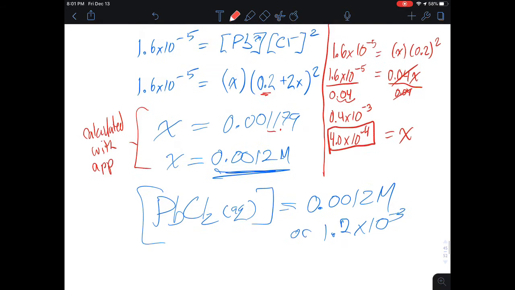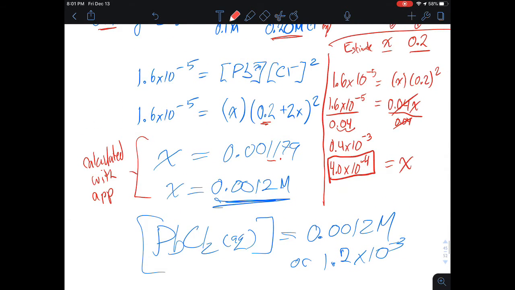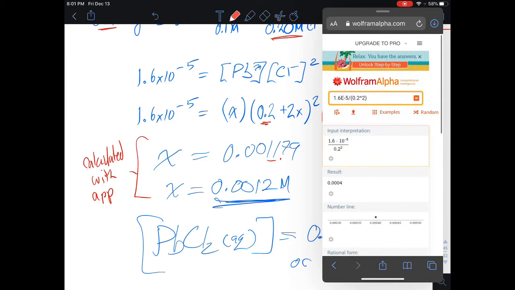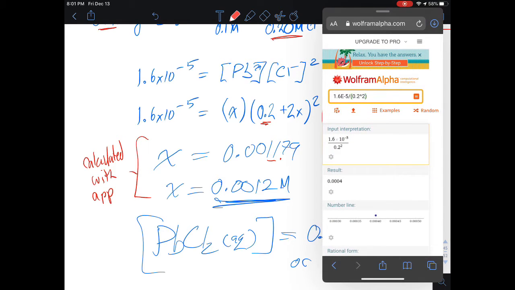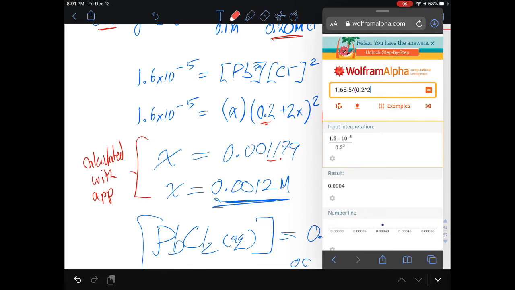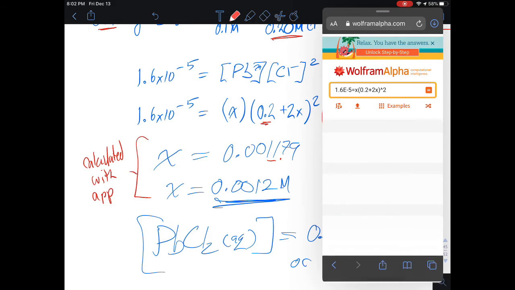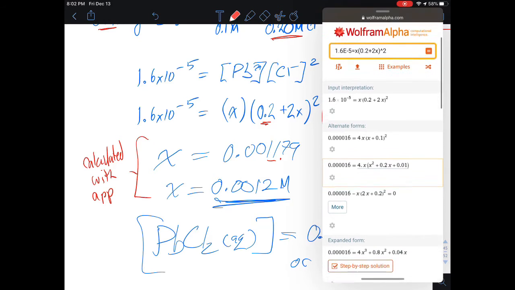So, oh, it looks like I made a mistake in this previous one. Well, that's not good. Okay, well, perhaps let's just pop this into Wolfram Alpha here. I had done this other one in a different app, and I think that it wasn't a very good app, to be clear. 0.2 plus 2x to the power of 2. Let's see what that counts as.